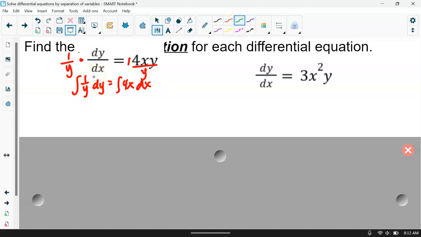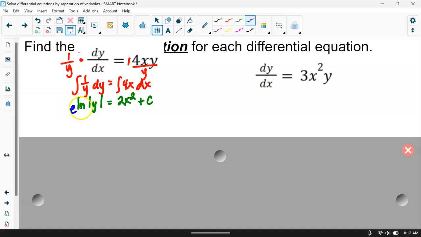Well, the integral of 1 over y, what was that? The natural log. The natural log of y is equal to 2x squared plus c. So again, now we're solving for y. So what's the inverse of natural log?